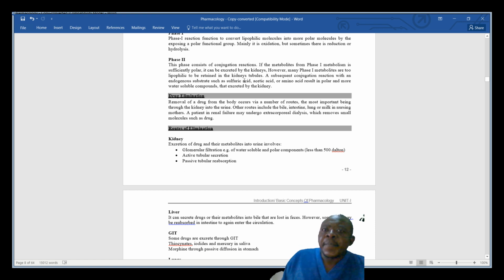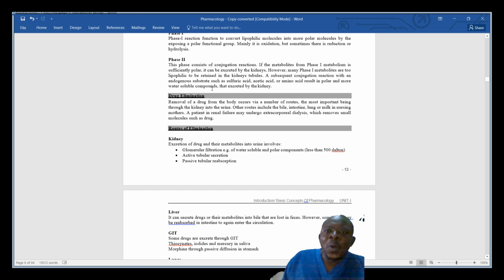But if the phase 1 metabolites are too lipophilic, still too fatty to be retained within the kidney tubules, there should be a subsequent conjugation reaction.